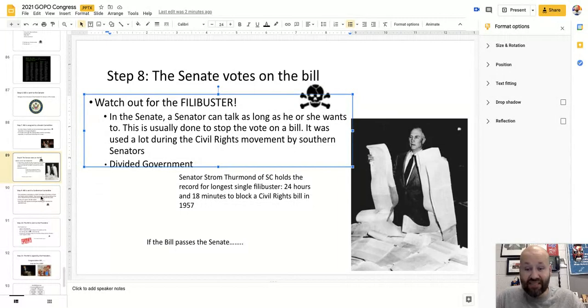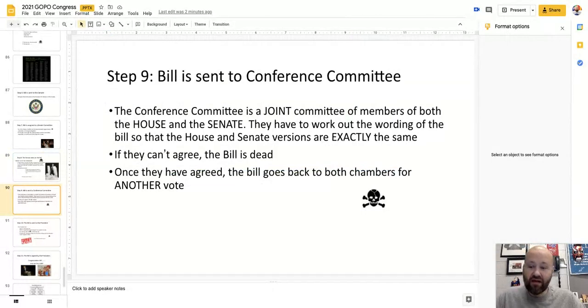The Senate says yay. And the simple answer is, it goes to the president, but we have to come back down again. We're coming back down to conference committee. Conference committee is a joint committee of the House and the Senate.